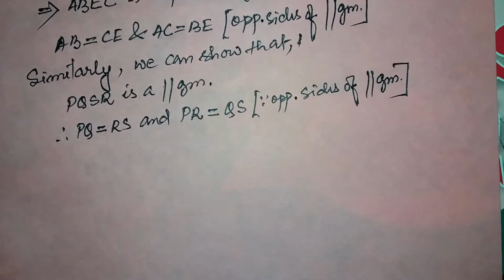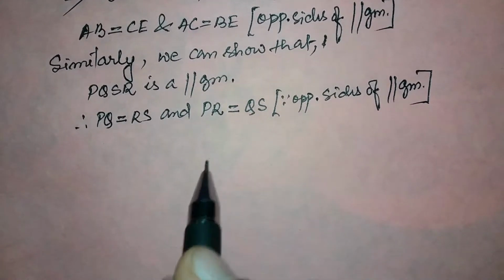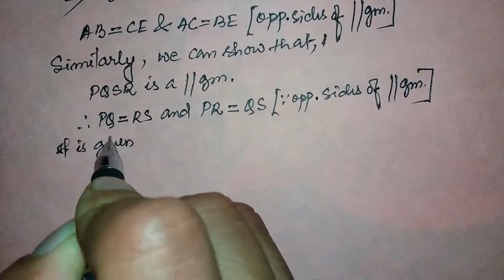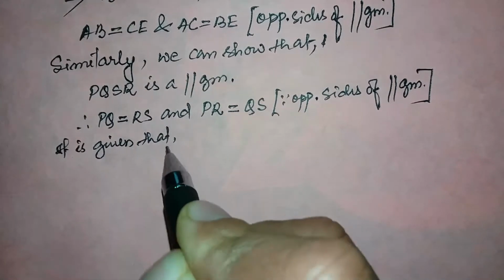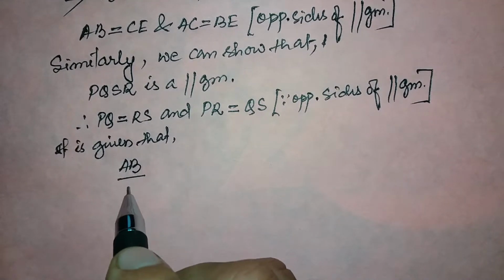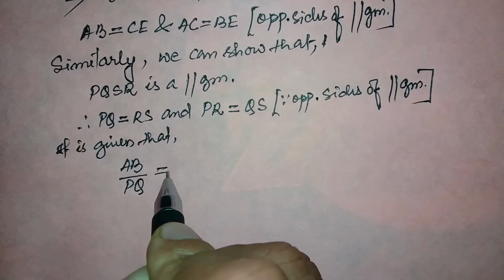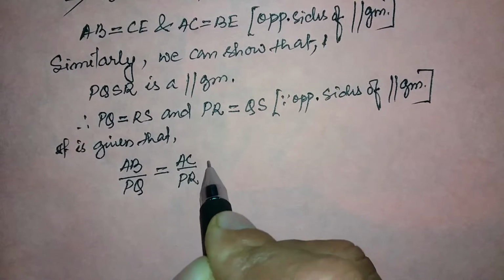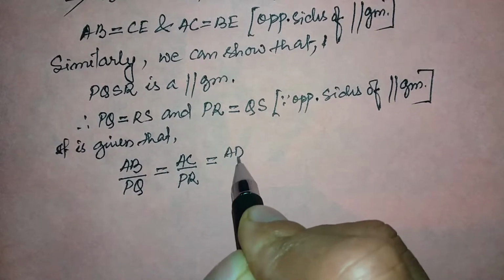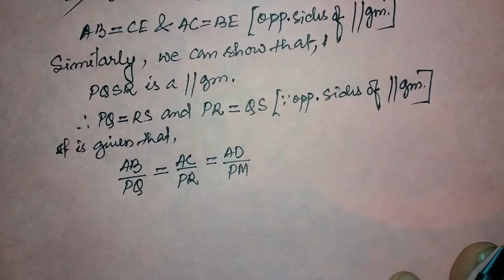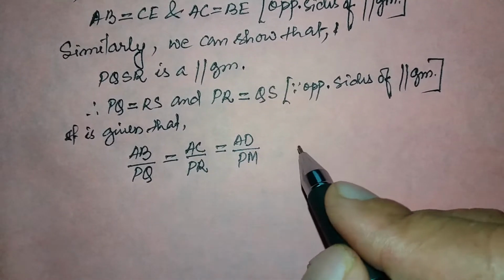So it is given that AB by PQ is equal to AC by PR is equal to AD by PM. Let's call it 1.